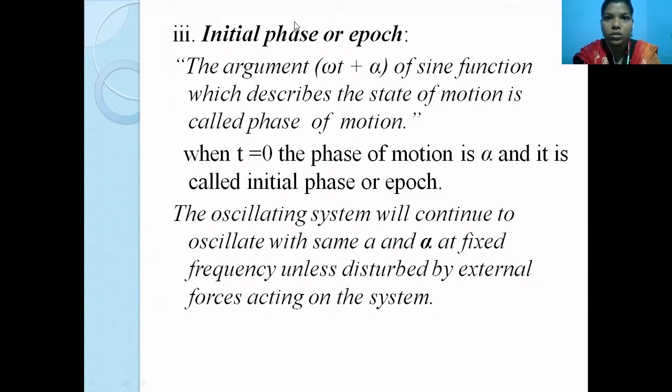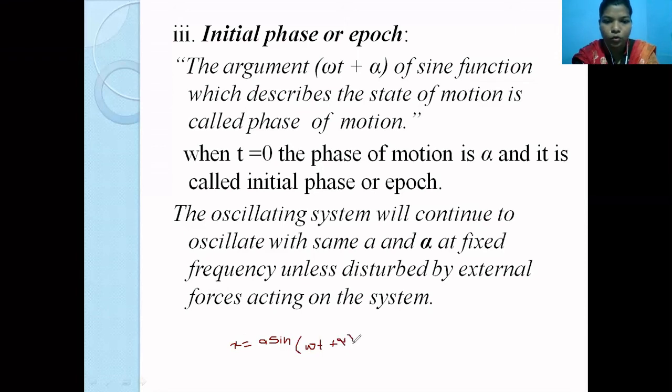What we have chosen is x equals a sine of omega t plus alpha. This is the most general solution that I've chosen for the simple harmonic motion.